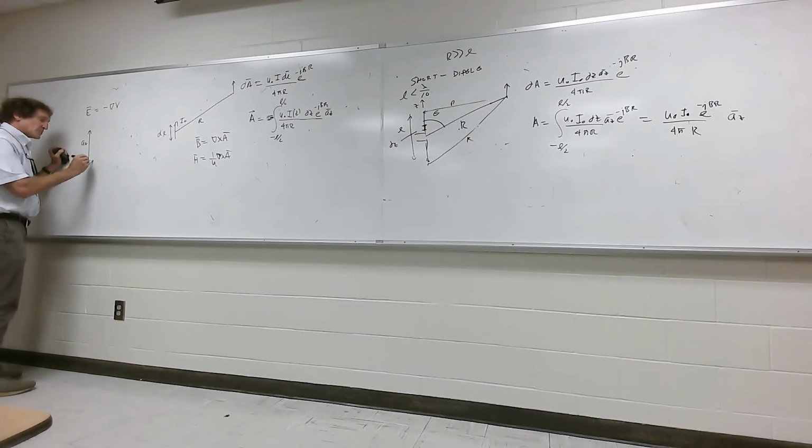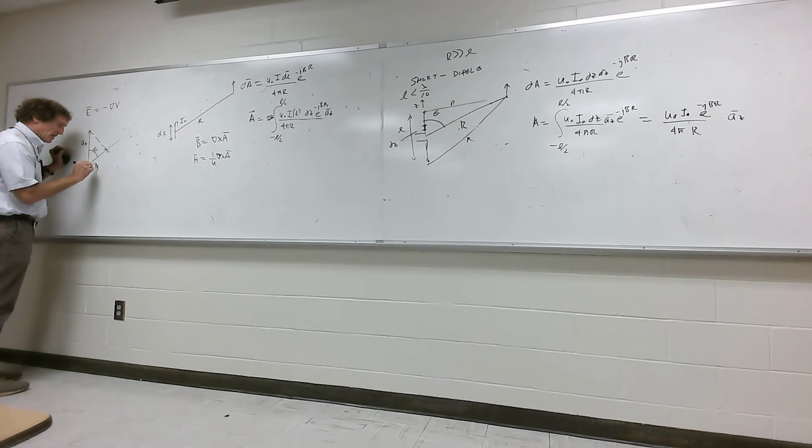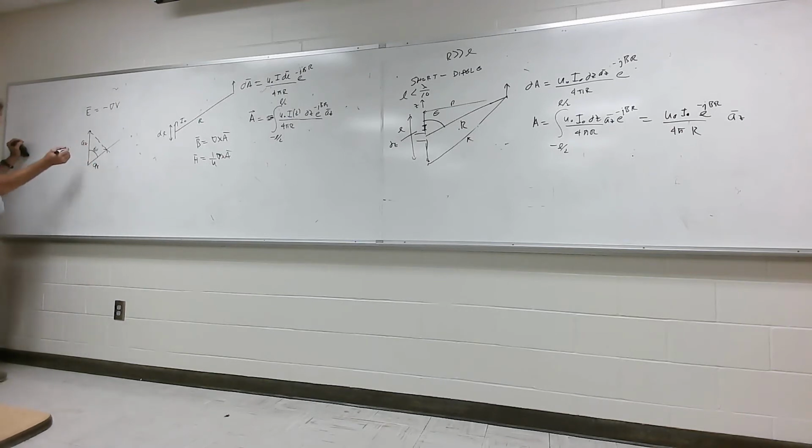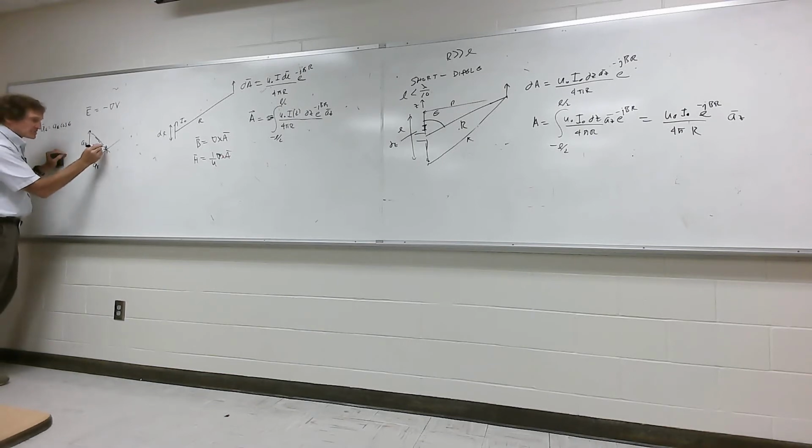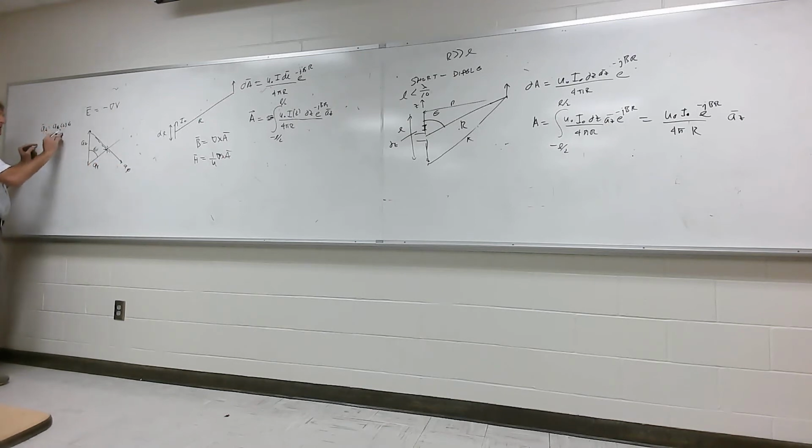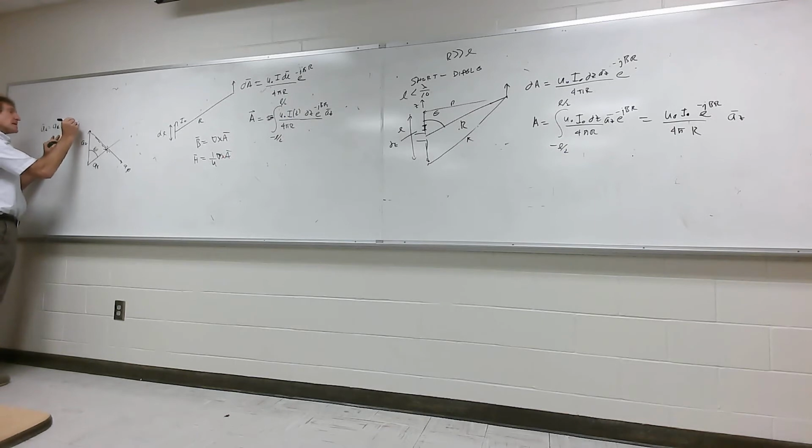AZ itself would be equal to AR cosine of theta, and then you would have the projection in the A phi direction this way, which would be minus sine of theta A phi.